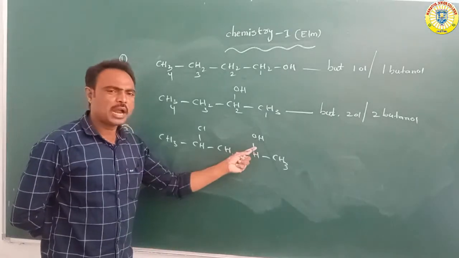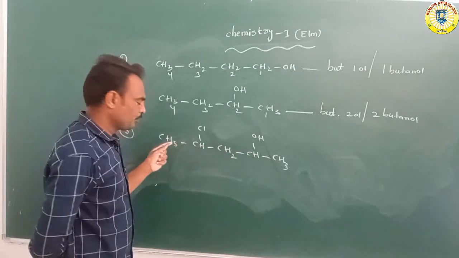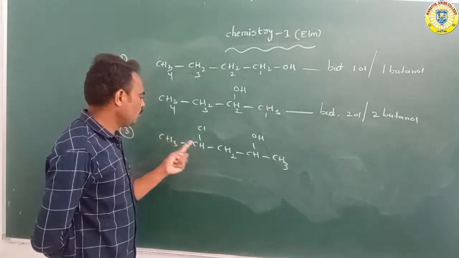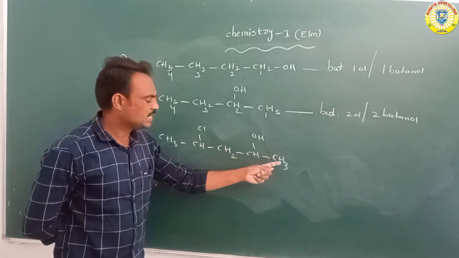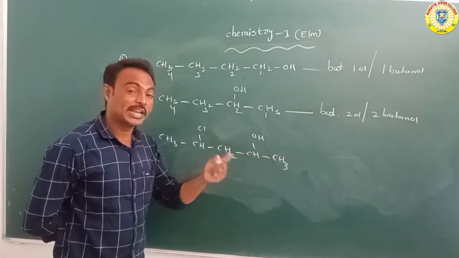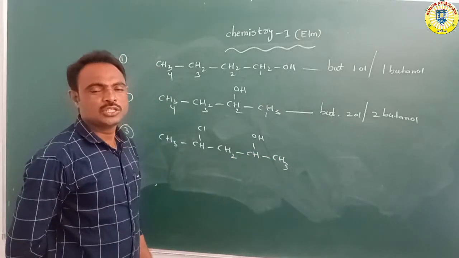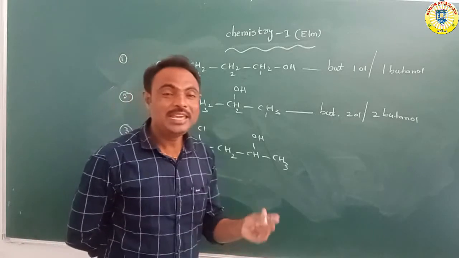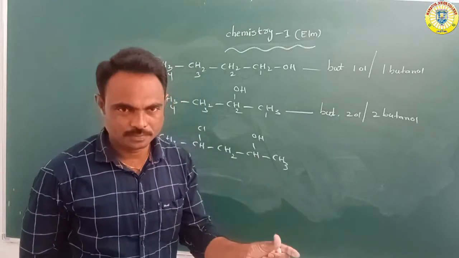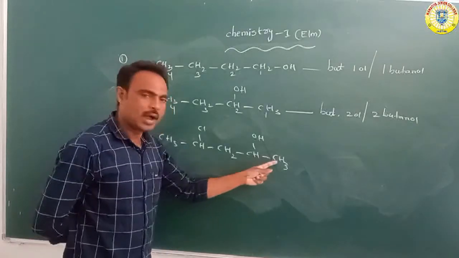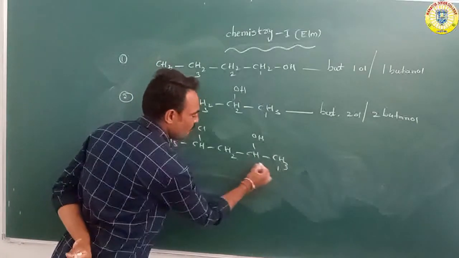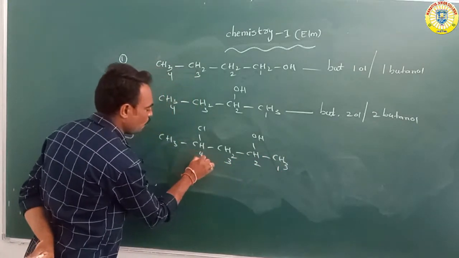From the left side, the function group is at the fourth carbon; from the right side, at the second carbon. We give the number from the least number side: 1, 2, 3, 4, 5.